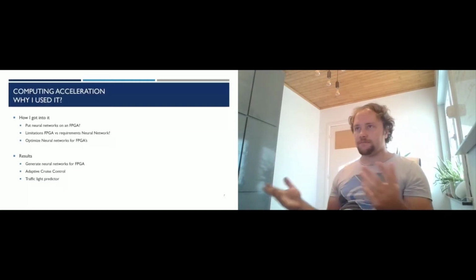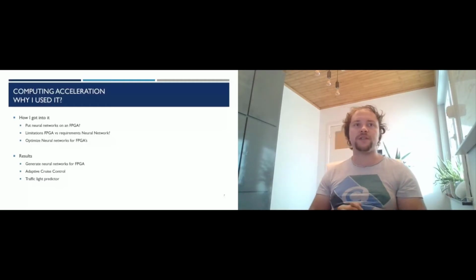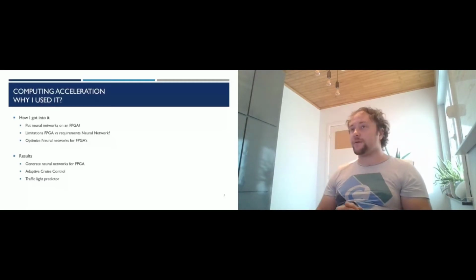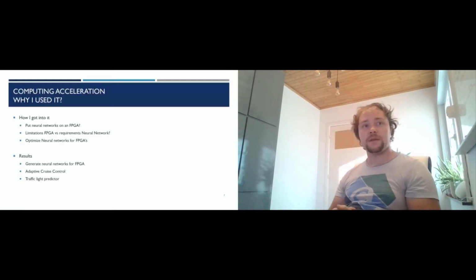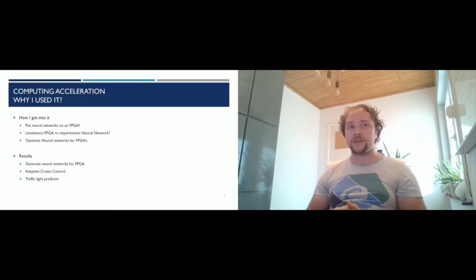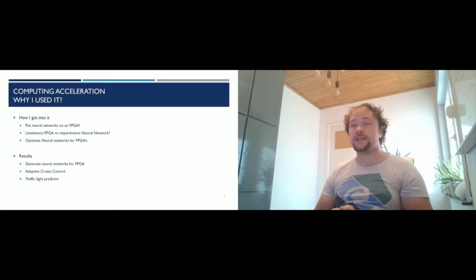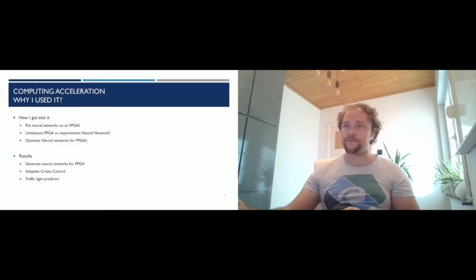Well, you're gathering the results from this presentation. I can now generate neural networks for FPGAs with optimizations using custom algorithms. Two of the results are two demos I made for you: an adaptive cruise control on neural networks on the FPGA, and a traffic light predictor.